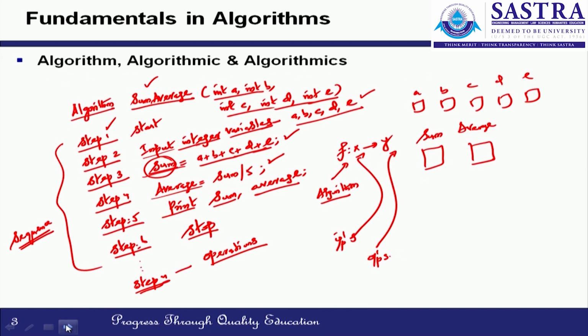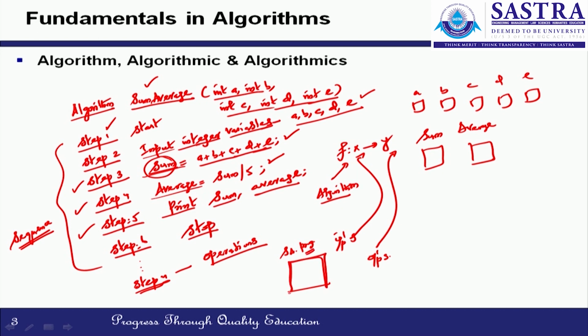We need to write a main function, declare the variables, get input values of the variables, then implement the computational statements, steps 3, 4, 5. Then we need to print the results, sum and average. So we have a program here, assuming this is the program, sum average.